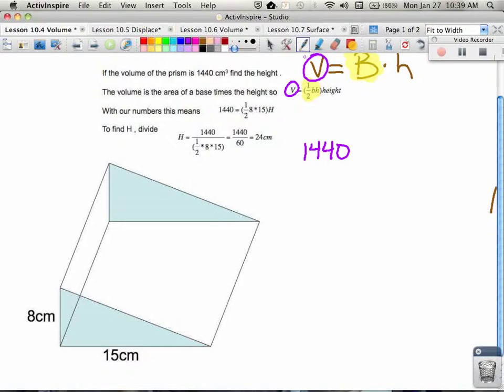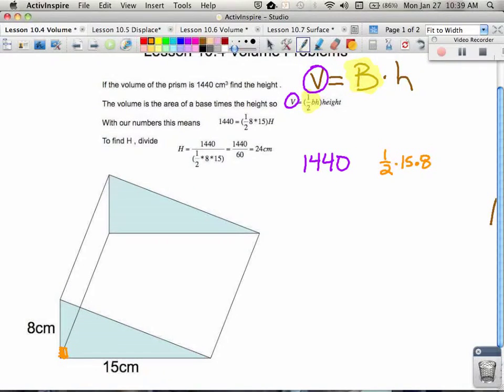They also tell me in my diagram that the base and the height of the right triangle are 15 and 8. So if I want to find the area of that triangular base, that is 1/2 times 15 times 8, and that is my B that I can plug in.